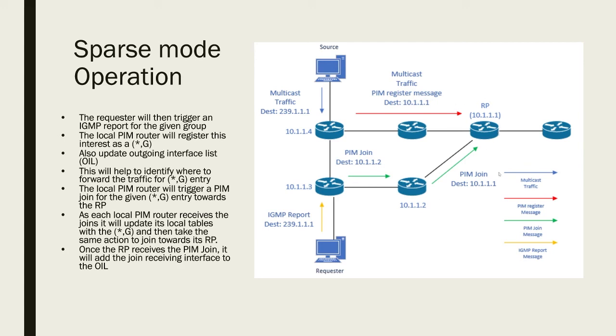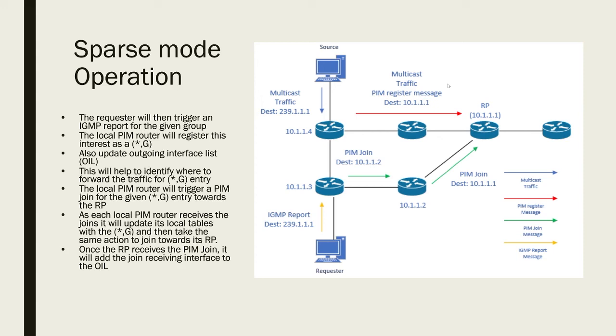At this point, the rendezvous point knows, okay, I have this S,G state, and someone's joining this. So right now, this rendezvous point just has that standard source and group state, but it doesn't have any outgoing interfaces. It knows where it can receive the traffic, so it has an incoming interface. That's wherever it received the PIM register message from.